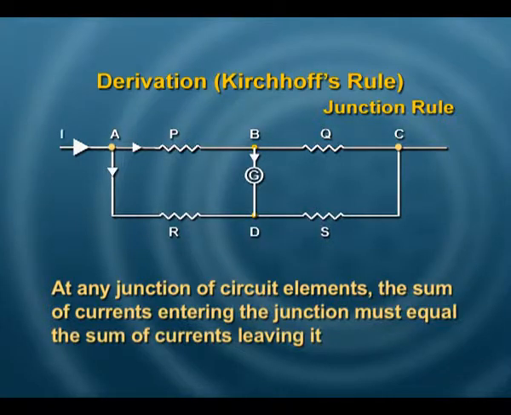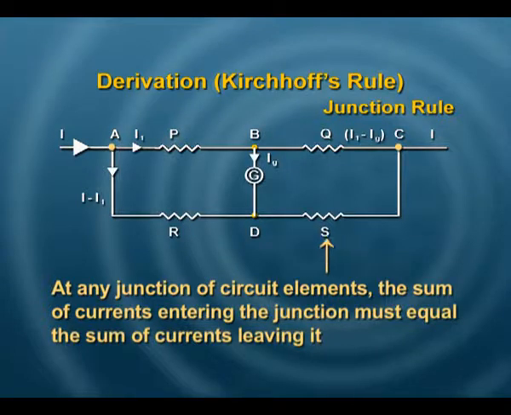If I is the current entering A and say I1 goes through P, then from the rule the current in this section will be I minus I1. At junction B, this current I1 would divide to flow through the galvanometer, say this value is Ig, and through Q it would be I1 minus Ig.